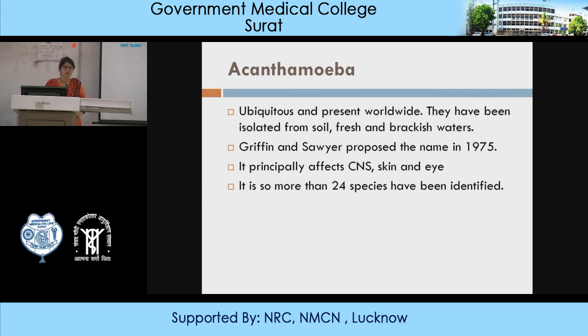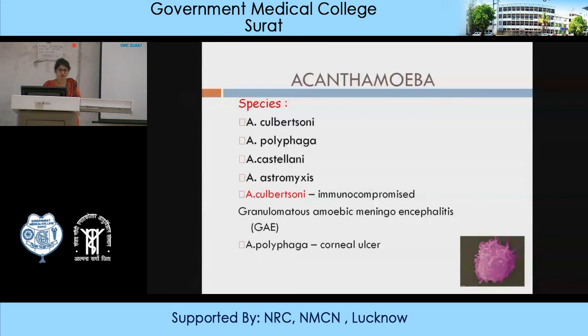Among them, the important ones are Acanthamoeba culbertsoni, Acanthamoeba polyphaga, Acanthamoeba castellani, and Acanthamoeba astronyxis. Now Acanthamoeba culbertsoni causes granulomatous amoebic meningoencephalitis in immunocompromised patients, and Acanthamoeba polyphaga causes corneal ulcer and keratitis.